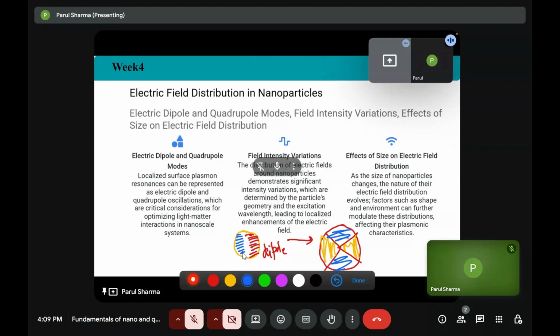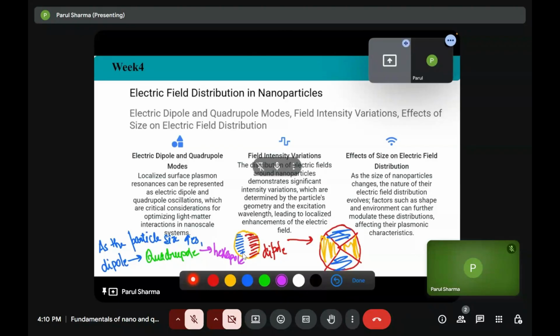With particle size increase, it will transform to quadrupole, then hexapole.